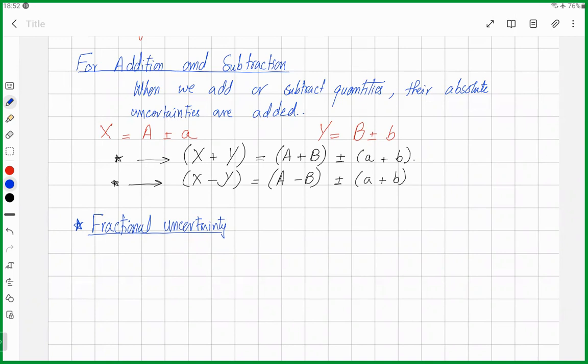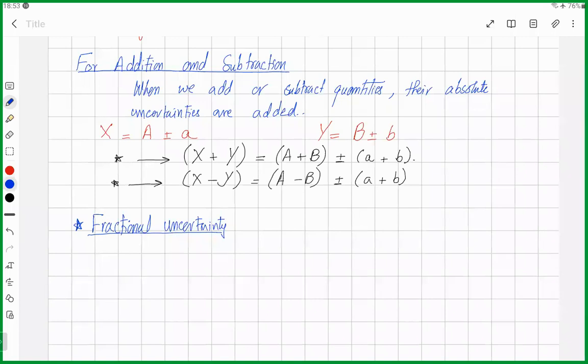Normally, when students think of a millimeter, which is very small, and then think of 1/10 of that small millimeter, they tend to say it is a very small uncertainty. But it is a trick question.